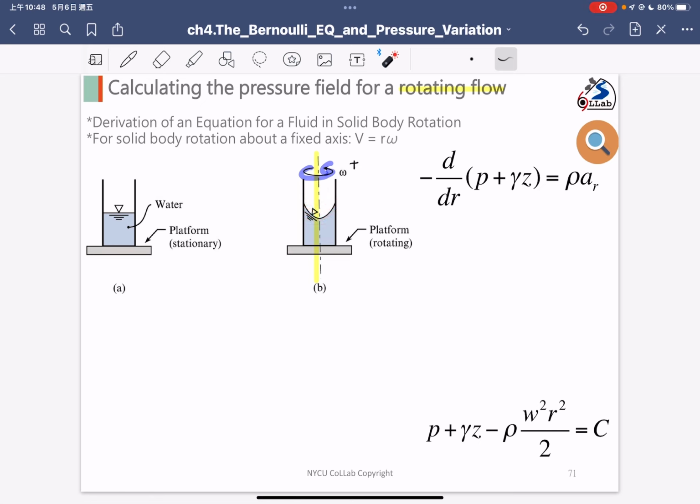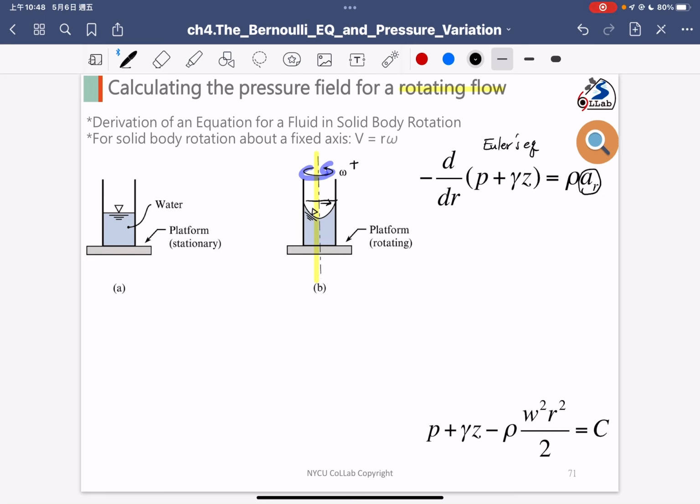So right now we still start from Euler's equations. Here are our Euler's equations, and you see we change the acceleration to the r direction. So what is the r direction? Here r is this direction, because this is the diameter of the pipe along this direction.